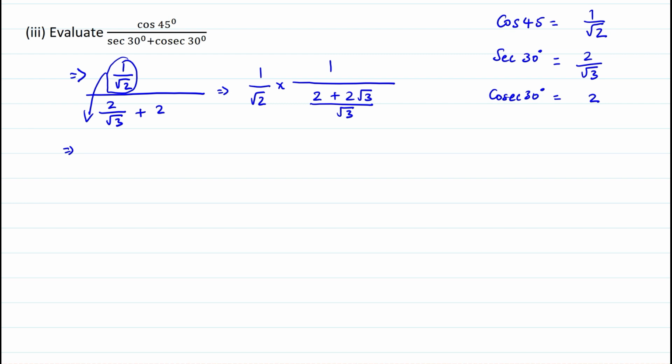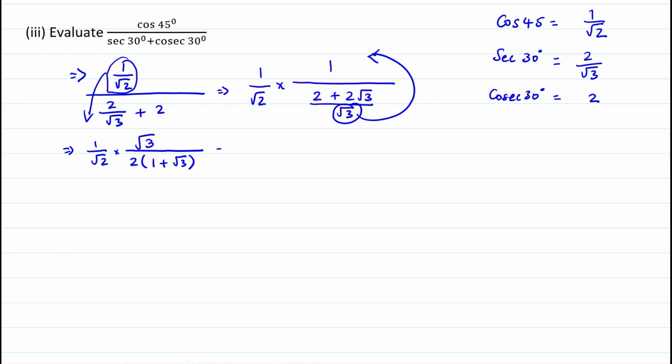So the next step will be 1 by root 2 into this root 3 will go up to the numerator, root 3 divided by, we will take 2 as common, 2 into 1 plus root 3.